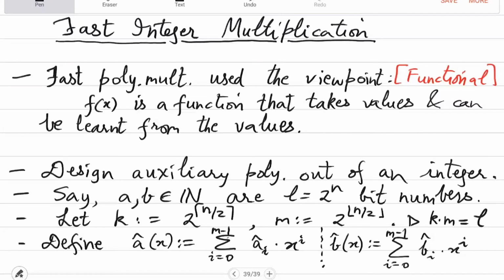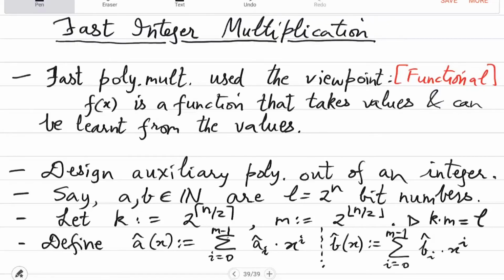There are m monomials, and ai hat and bi hat are small integers. How many bits? K bits. In a hat you have m many k bit integers. This is the polynomial corresponding to a, and then there is a similar analogous thing for b. So remember this definition.